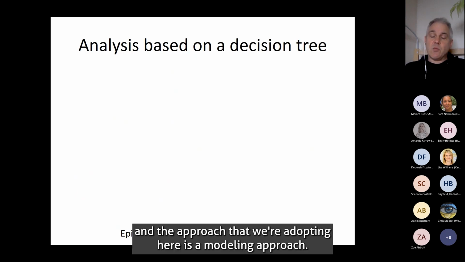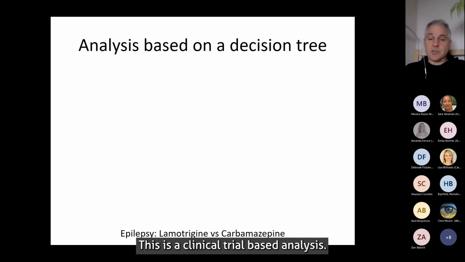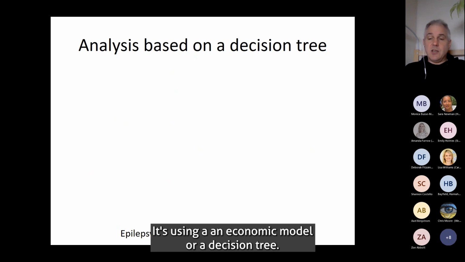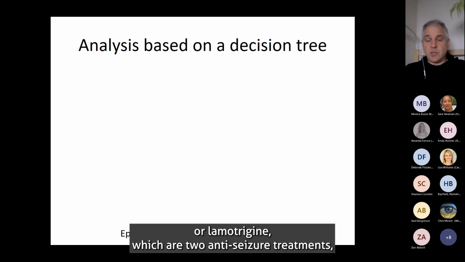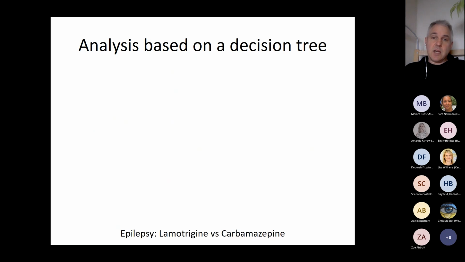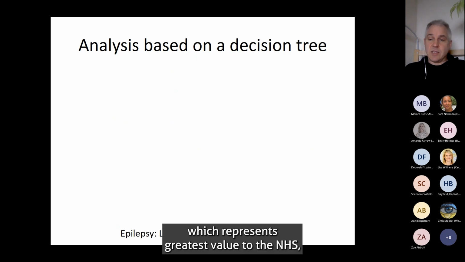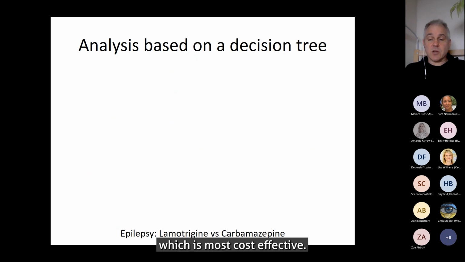The approach that we're adopting here is a modelling approach. This isn't a clinical trial-based analysis, but it's using an economic model or a decision tree. And the question here is which of carbamazepine or lamotrigine, which are two anti-seizure treatments, represents greatest value to the NHS, which is most cost effective.